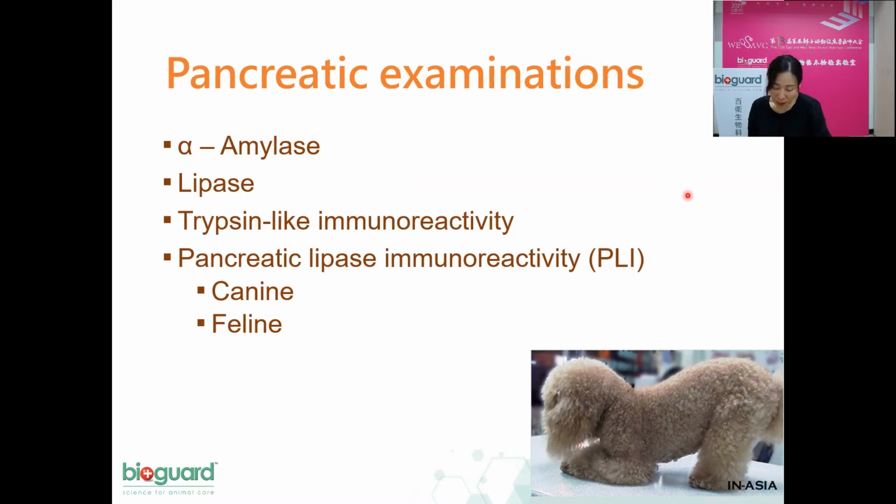Okay, when we face pancreatic problems, what can we do to help us diagnose pancreatic abnormalities? We can do the following diagnostic methods. We can use biochemistry analysis to evaluate the levels of alpha amylase and lipase. We can also use trypsin-like immunoreactivity or pancreatic lipase immunoreactivity assays to help us diagnose pancreatitis or EPI.